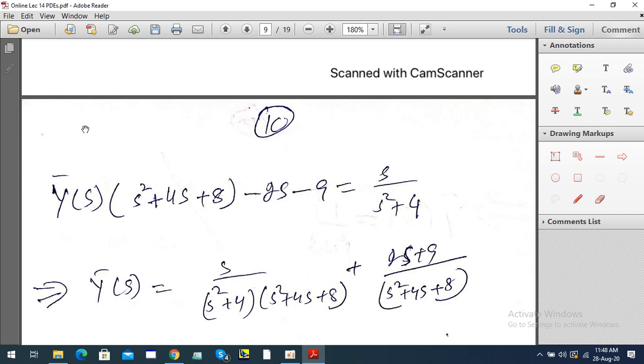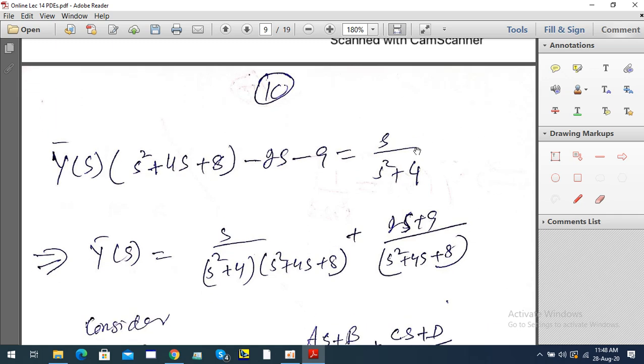Our objective is to find y t actually, and this is y bar s. So y bar s is equal to, just shift this to the right hand side, 2s plus 9, and we have already s by s square plus 4. So this should be shifted to the right hand side. It is in the product form, so it will be divided.